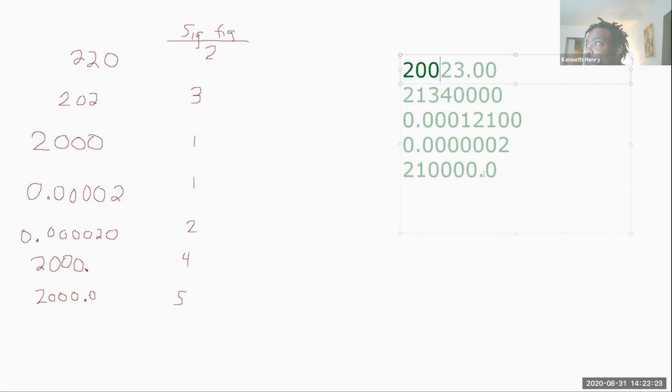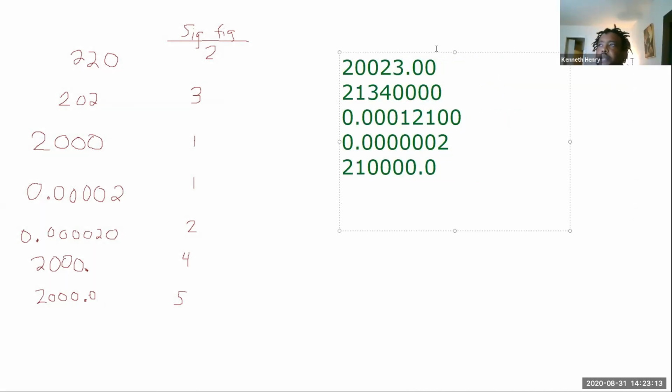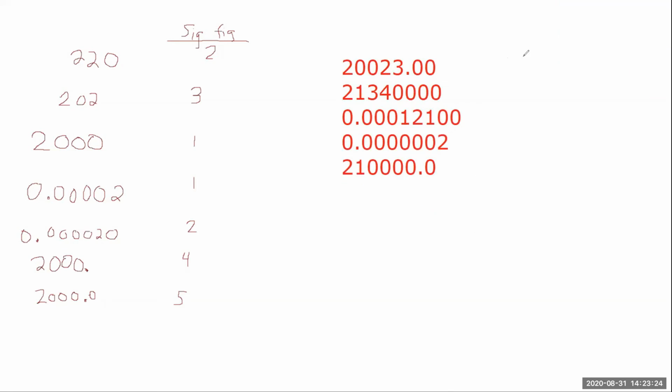Let's see those skills. The first one, how many sig figs? Anyone can answer? 7. Okay, that's correct. And sig figs are short for significant figures.